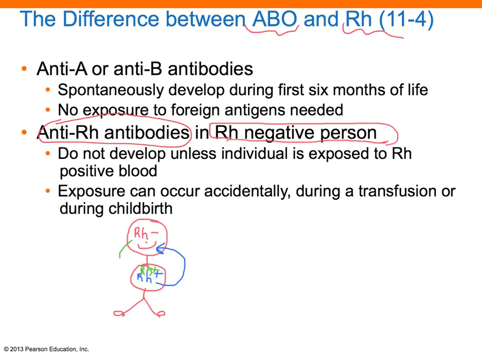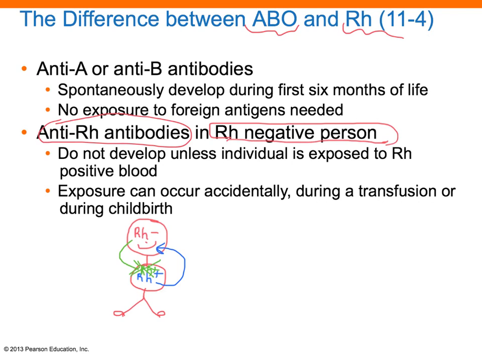That won't be good for an RH positive child, and it could destroy the fetal red blood cells. The fetus then develops a condition that we call erythroblastosis fetalis, or hemolytic disease of the fetus and newborn.